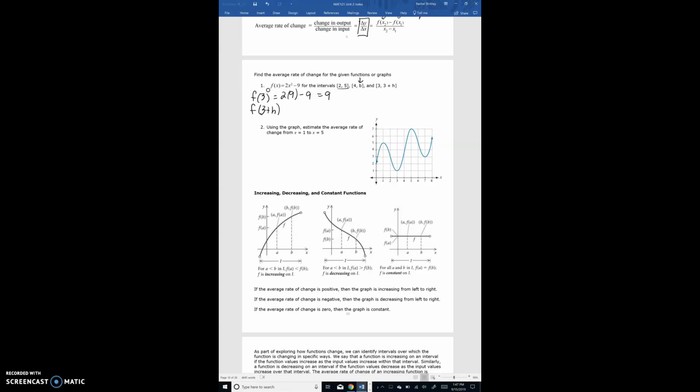And my second one, this is the one that's going to be a little stranger. It's going to be 2 times 3 plus h squared minus 9. Okay, so what does that look like? That looks like my second output on the numerator. And 3 plus h squared is really 3 plus h times 3 plus h, right? You're going to have to FOIL that or do an area model.